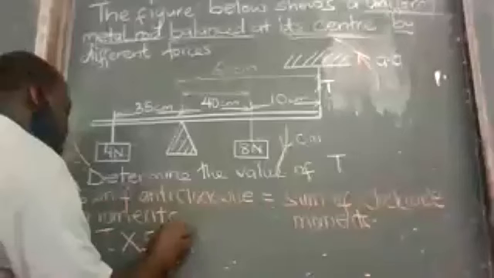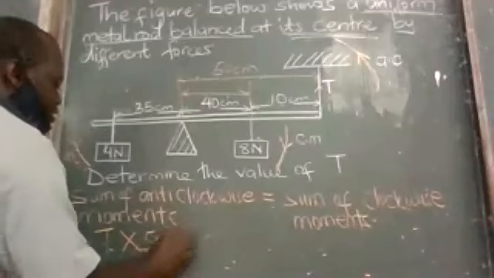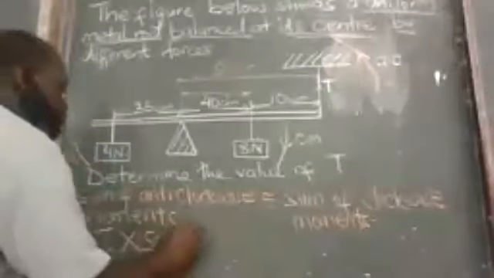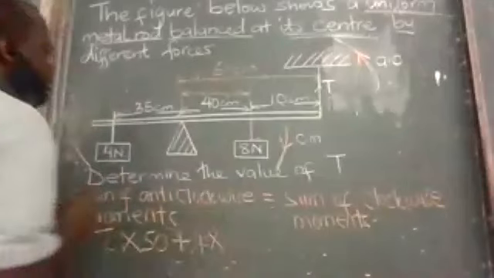centimeters, plus. Do we have any other anti-clockwise force? Yes, that is the 4 newton force, 4 times 35. Any other anti-clockwise force? No. Wonderful. Then we say equal to the sum of the clockwise moments.